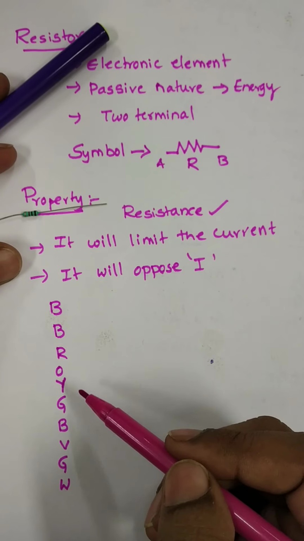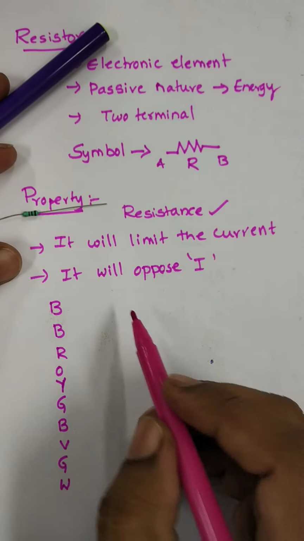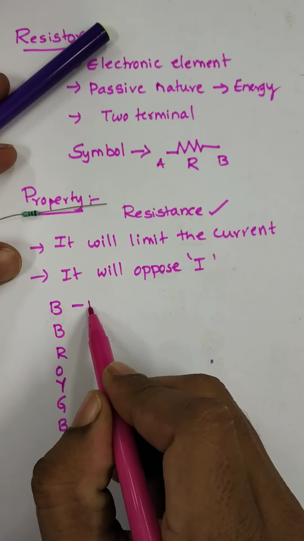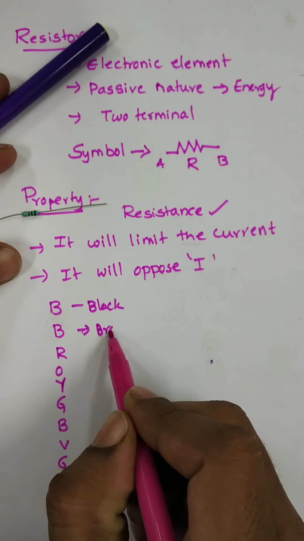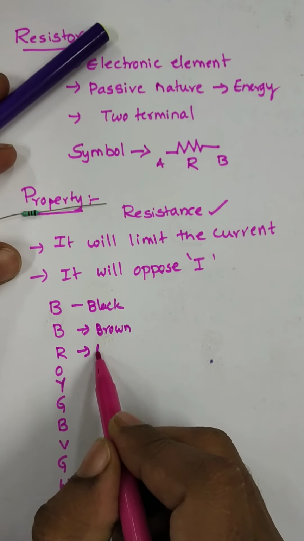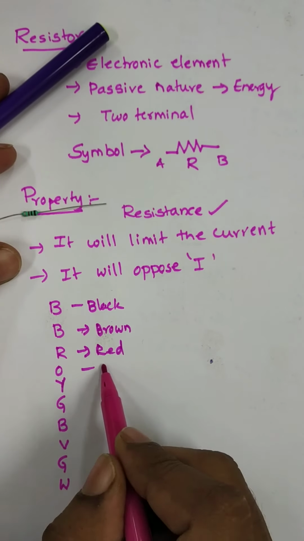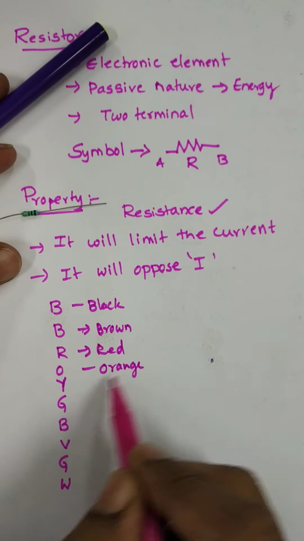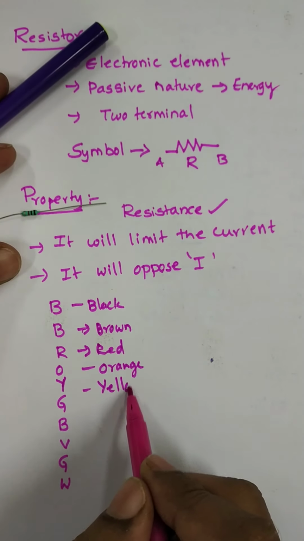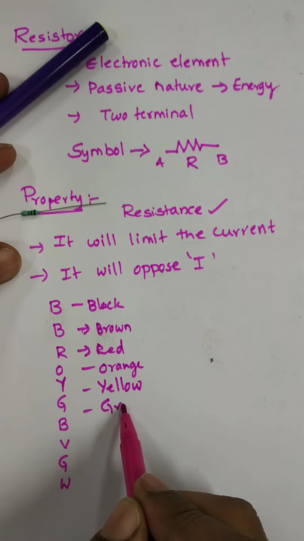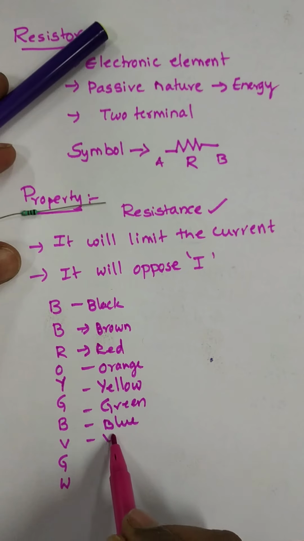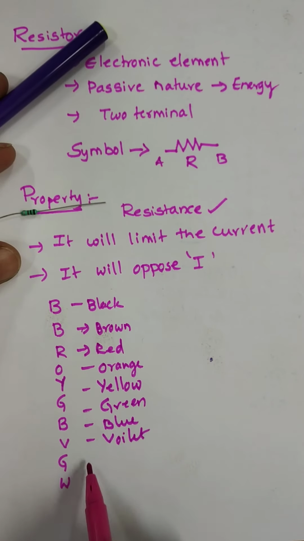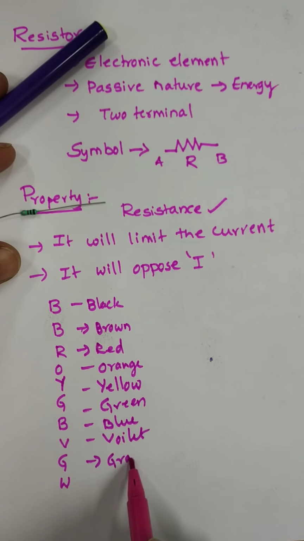Here, B stands for black and another B is for brown, then red, orange, yellow, green, blue, violet, grey, and white.